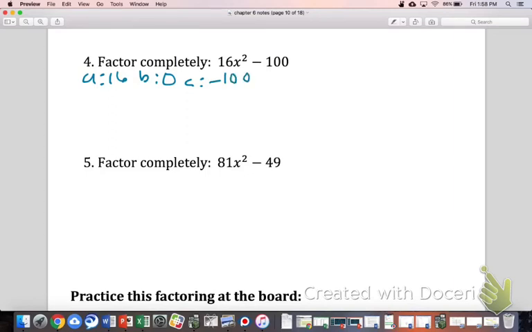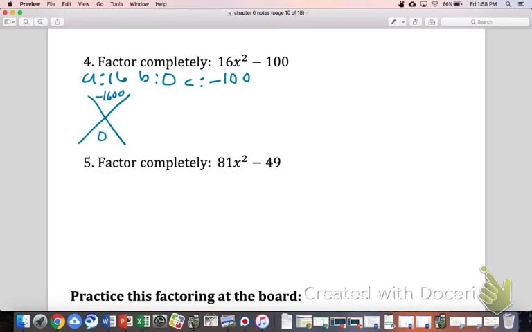So here's where this is a little bit unique. We're going to be using the same techniques. Again, you're getting good at this, but check this out. Your AC is going to be what? Negative 1600. Pretty gigantic AC, right? And your B is 0. So do you remember that pattern?